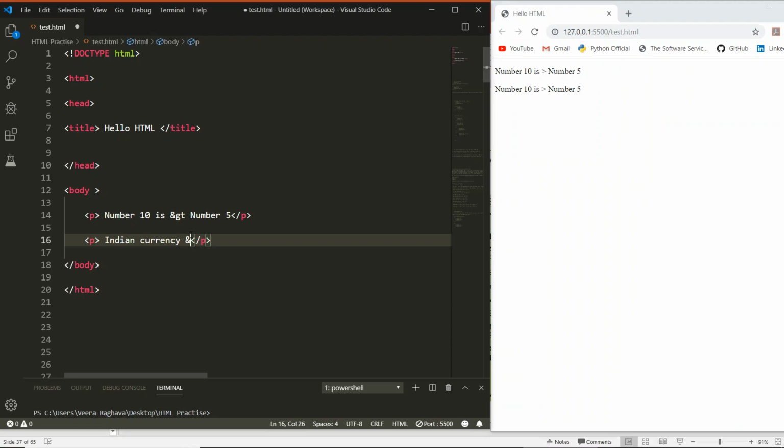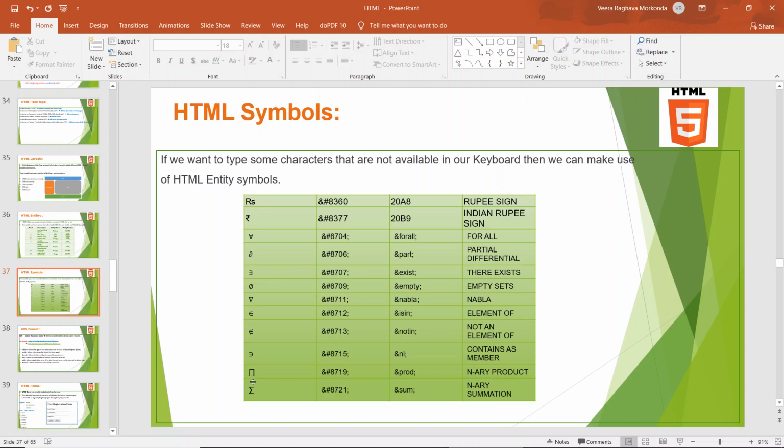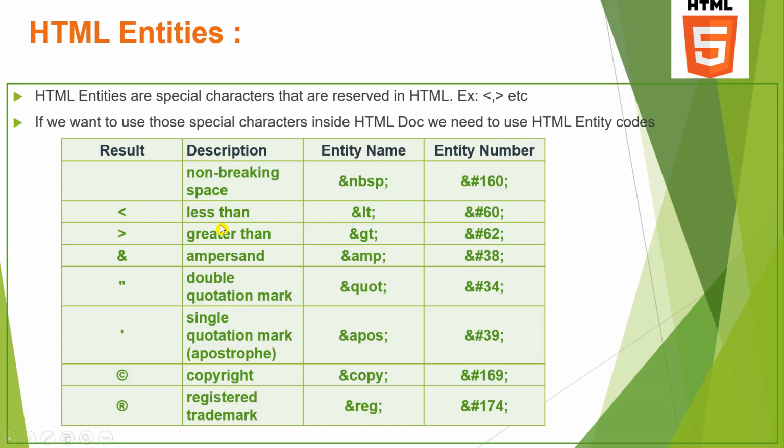Let us save it, and you can see the symbol comes up. Like that, you can do the rest of these symbols. You can practice. The idea is you need to use the entity names for displaying special characters.